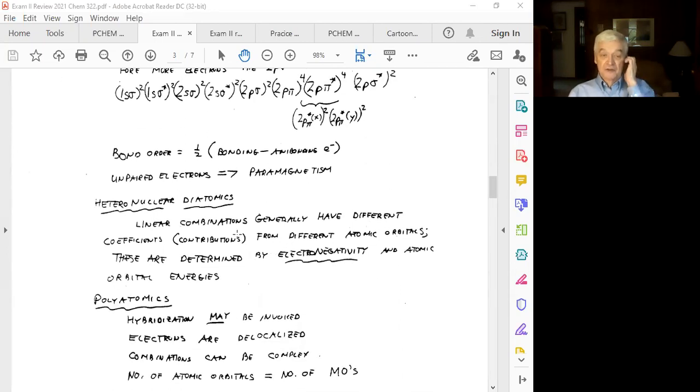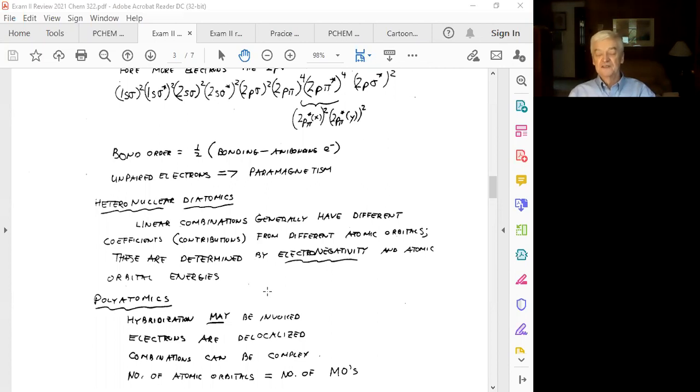I'm not showing you the diagram, but go back to your lecture notes, look at the diagrams for lithium hydride and hydrogen fluoride, and I've tried to indicate to you where the electronegativity comes from. If a molecular orbital winds up having more contribution from one atom or another, then the electrons in that orbital will tend to give that particular atom a minus charge.